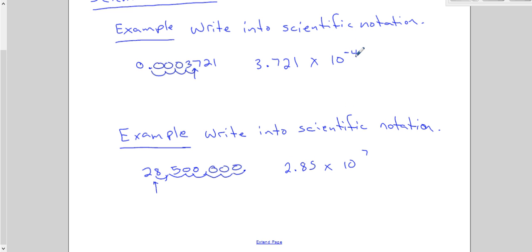If you have 10 to the negative, that's a small number, because remember, this would be like 1 over 10 to the fourth, which is 1 over 10,000. So that's a very small number to be multiplied, which is going to make that answer very small. Okay, so keep those things in mind when you are doing scientific notation.